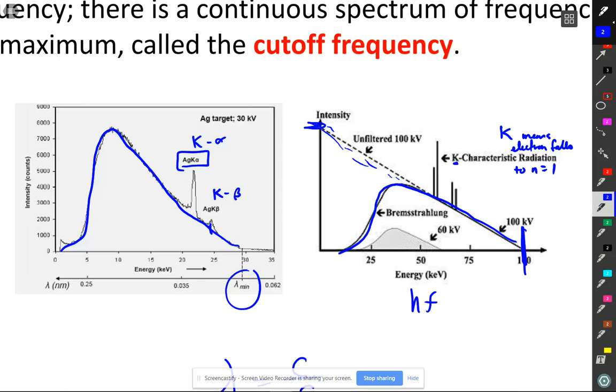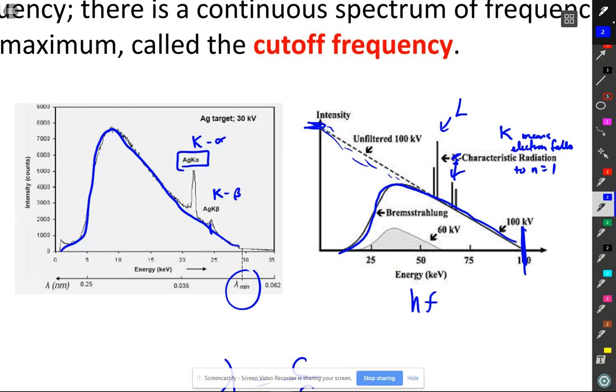I think not. I think this one here is the K radiation, and this one here would more likely be L. Because if you go from 3 to 2, that's a much smaller change than if you go from 2 to 1. And so I think they've got that labeled wrong.